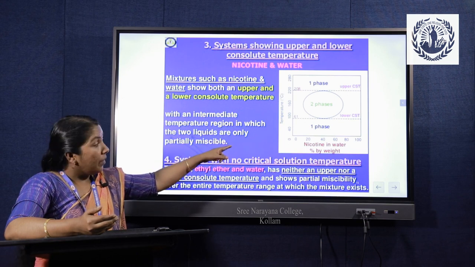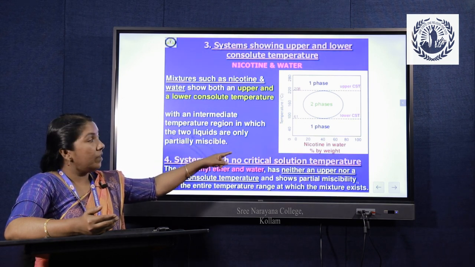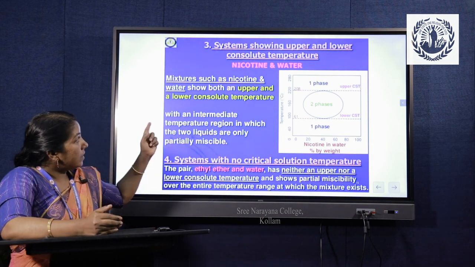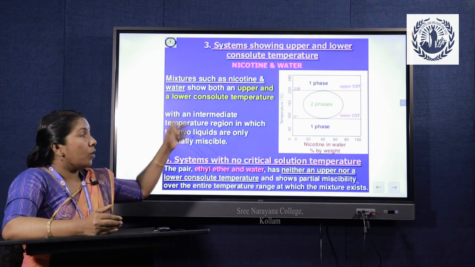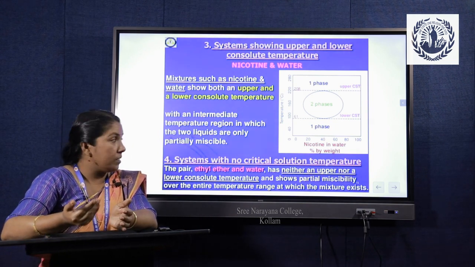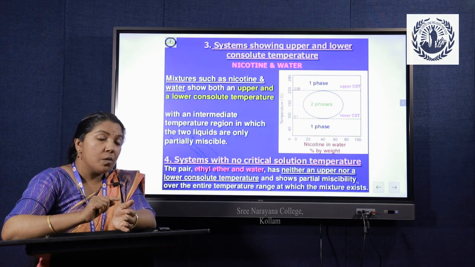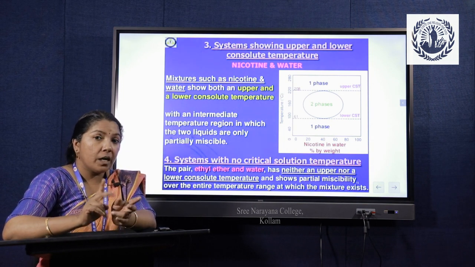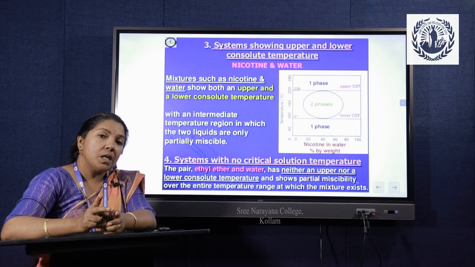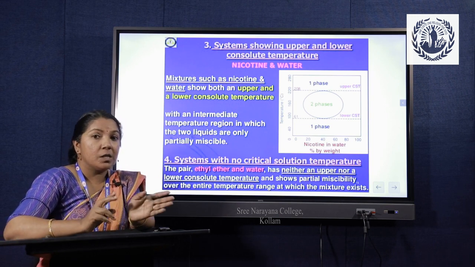On the x-axis we have plotted the percentage of nicotine in water, and on the y-axis temperature is plotted. So, this type of combination shows an upper and a lower consolute temperature, that is, with increase of temperature miscibility increases, and with decrease of temperature miscibility also increases. So, there are two CST values, upper consolute temperature and lower consolute temperature, for this combination.